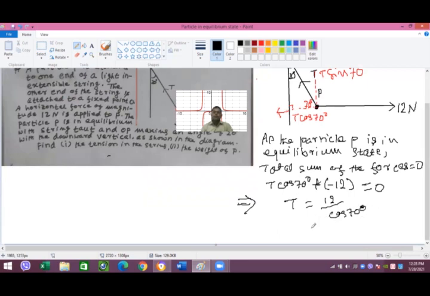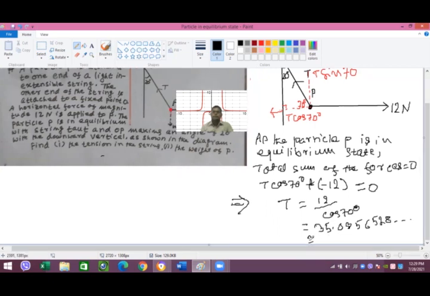So in your calculator, after you use the calculator, this value is 35.0856528 and something like this, and this is nearly equals to 35.1.